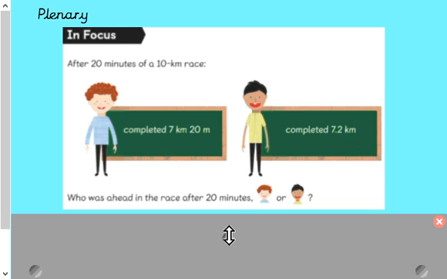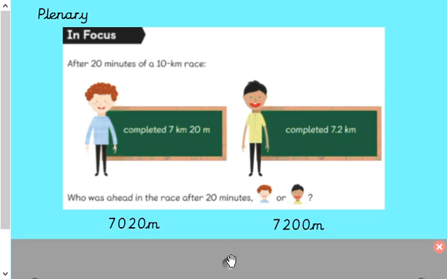Then you can compare them easily because we've got 7 kilometers and 20 meters, which is here, and 7,200 meters. And you can see quite clearly that 7,200 is larger than 7,020. So this young man had got further. He was ahead in the race after 20 minutes.